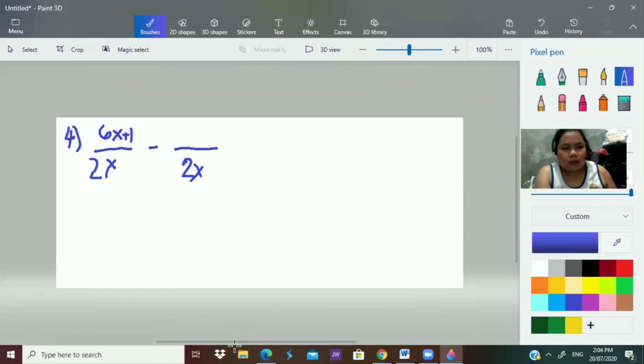Yan, 6x plus 1. Okay. So let's have this one. So similar fractions, copy the denominator, subtract the numerator. So 6x plus 1 minus 4x minus 2.